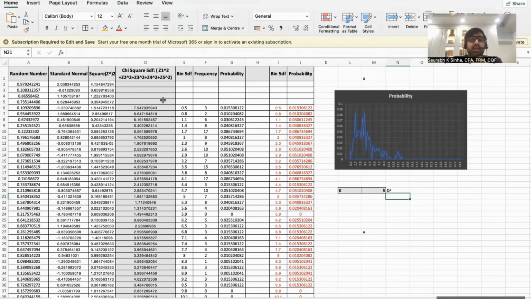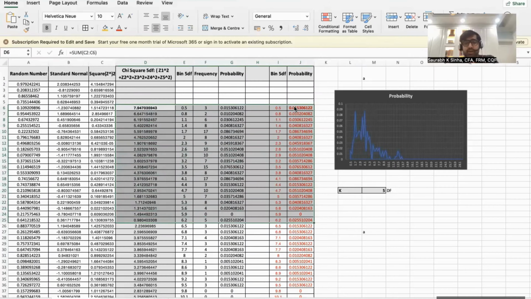See what is happening. This is my data set, and I calculated the probability associated with this data. This is my data, and column J is my probability. I plotted it, and I got this distribution.